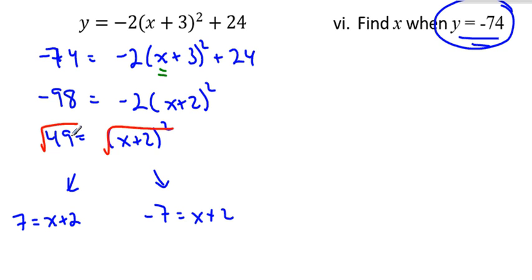So the square root of 49 is 7, and the other side is x plus 2. Or the square root of 49 is -7, and the other side is x plus 2. So on both sides, subtract 2. And now I know that there are two possible answers when y is -74, and a better way to write my answer is to write it as a point.